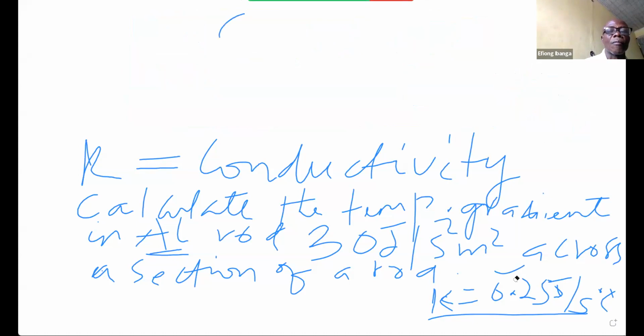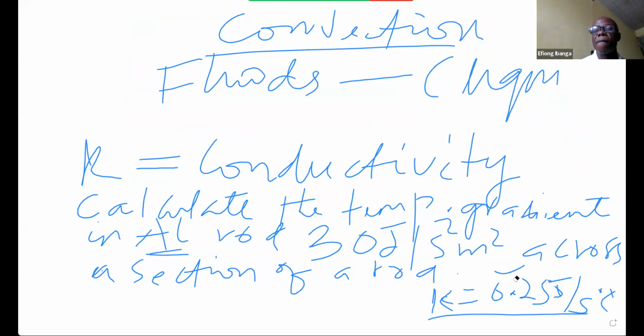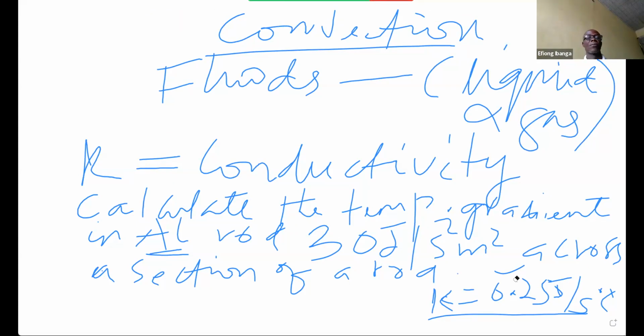Convection occurs in fluids, that is liquid and gas. So materials ought to be in liquid or gaseous phases for us to be able to observe heat transfer by convection. Take note of that.